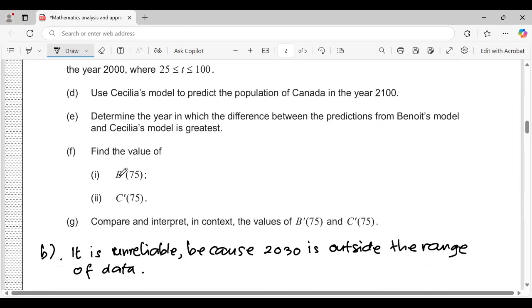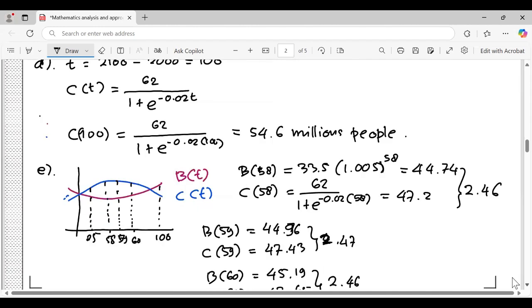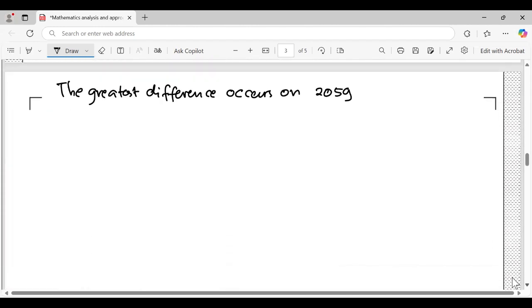Find the value of derivative B'(75) and C'(75). Part 1. B(t) is 33.5 times 1.005 to the power t.